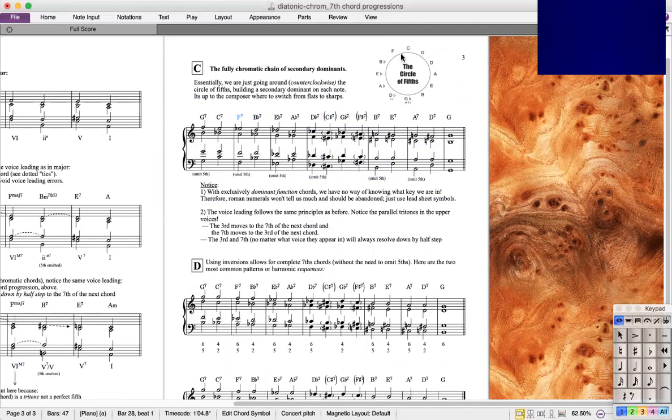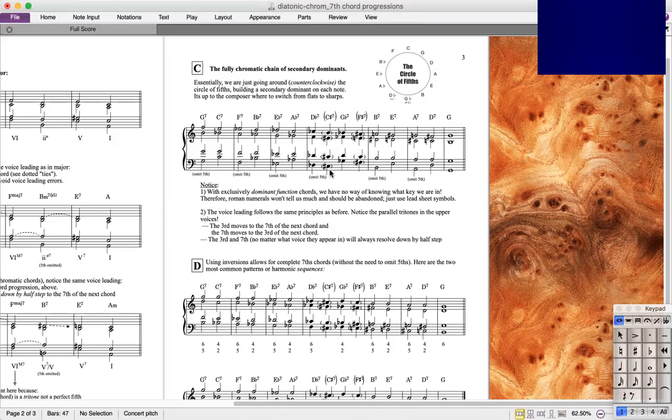C, F, B flat, E, A flat, D flat, going around the circle of fifths counterclockwise, right? And every single chord is going to be a 5/7, a secondary dominant. Now here in this measure, we have to switch spelling with flats to spelling with sharps once we get near this bottom of the circle of fifths.